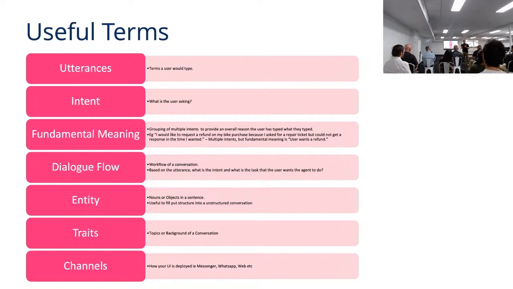I want a refund for my flight. Generally, when someone comes in and asks for a refund, the trait is that the person does not want you to on-sell them stuff, because they want a refund for their flight, and there's a reason why they want a refund. So the trait is the background.